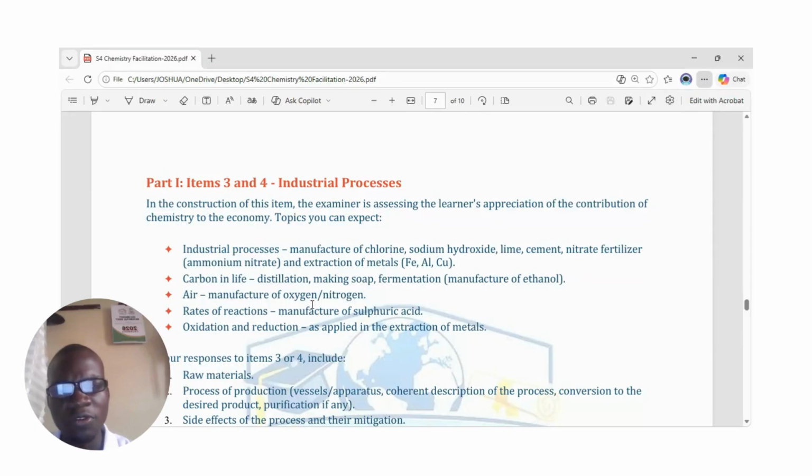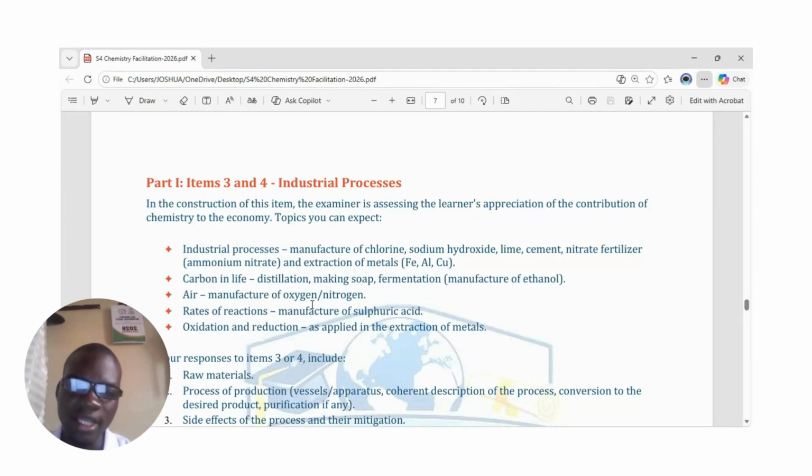Under the process of production, please pay attention to this part. When you're giving us your process of production, make sure that it has the vessel. You need to mention the vessel or apparatus that you're using. Then you give us the chemical process involved. Then you go on and give us the conversion to the desired product.